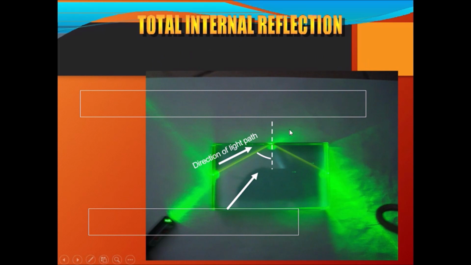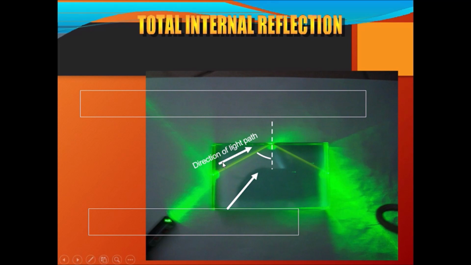Now let us try and understand. This is the direction of the path of the ray of light, and this is how it is getting reflected. So for total internal reflection to take place, two very important conditions are needed. I repeat, for total internal reflection to take place, two important conditions are there.